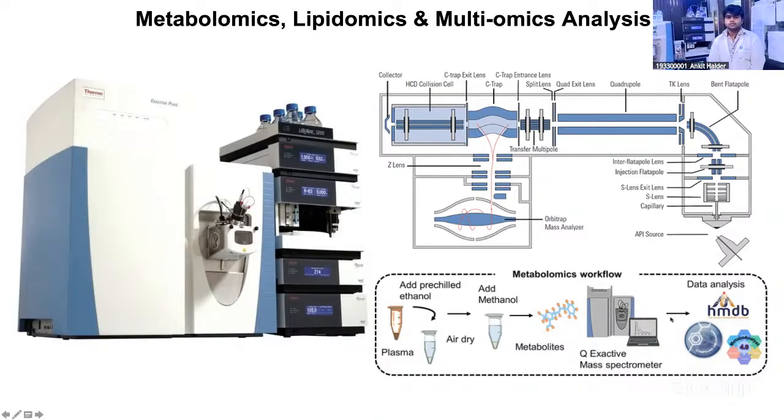You can use organic solvent to extract the layers for metabolites as well as lipids, then acquire the data using this LC-MS/MS setup, and then do data analysis using different types of databases. Now over to Amit, who will show you the Q Exactive Orbitrap mass spec and talk about the metabolomics workflow and data acquisition.